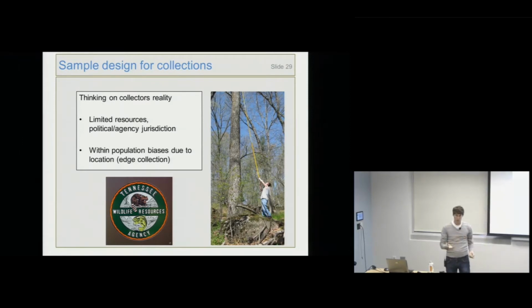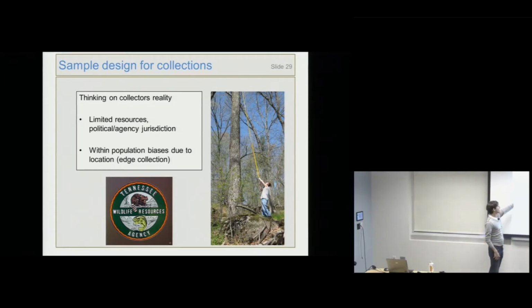So to use butternut as an example, it occurs across the boundaries of some 15 to 20 states, as well as across the border between the US and Canada. So both state or provincial and national agencies may be limited in how much they can collect across the range.